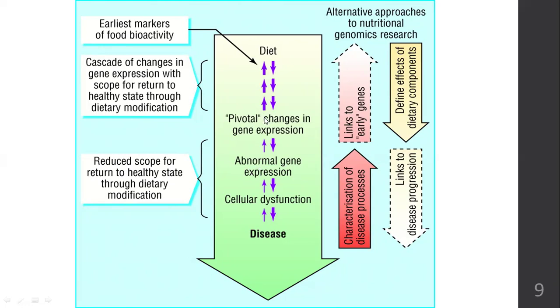Or when the neuropathy has set in, can we go back? Is it reversible? No, it is not. Pivotal changes in gene expression have taken place. Now you cannot go back. Is it clear how chronic diseases and nutritional genomics work? Is it clear to all?